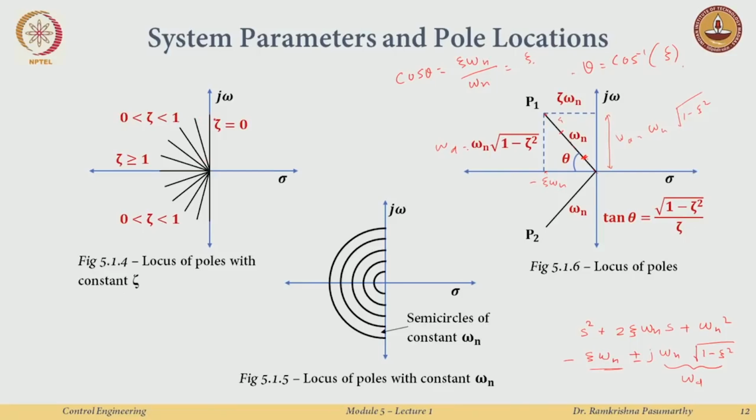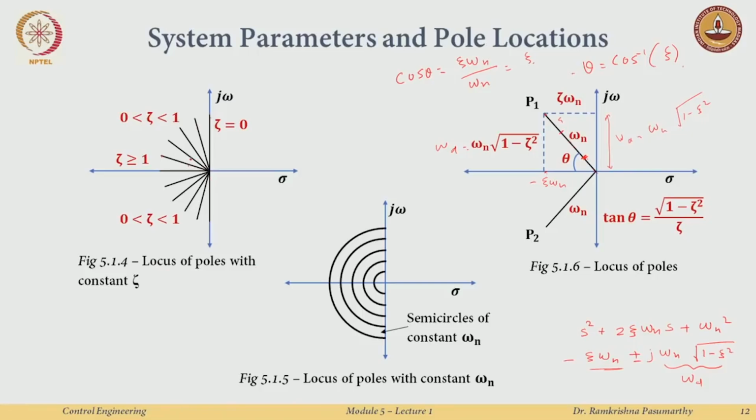This behavior could be seen from zeta equal to 0, I am here, I keep on increasing zeta, and all these lines are the lines for which zeta remains constant. At this point you will have different omega n, at this point a different omega n, but the zeta is the same, similarly on the other side. So these are all constant zeta lines, or we just say this is how the locus of the poles looks for constant zeta.